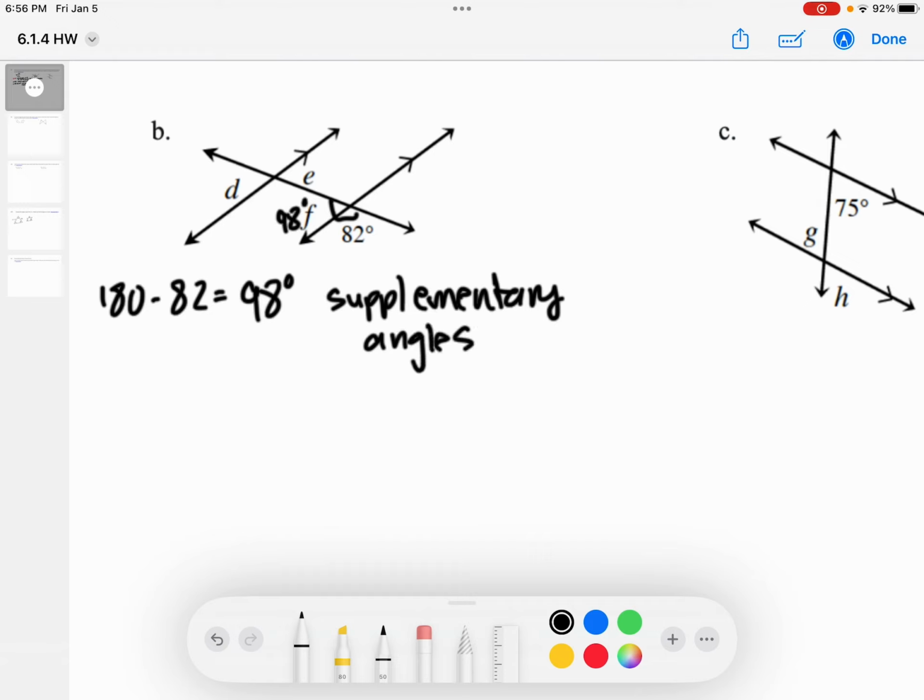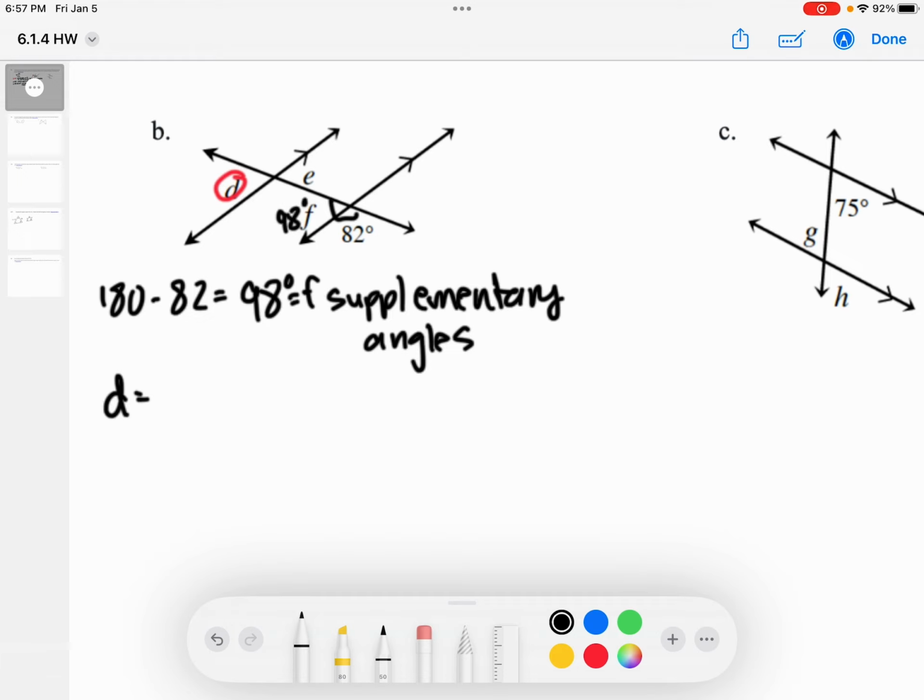Okay, so once we know F, here's our two lines that are parallel. Here's our transversal. All right, so if I slide F down the transversal, I end up at D. So D equals F up here, I guess.